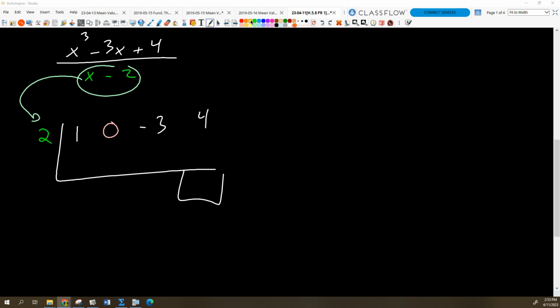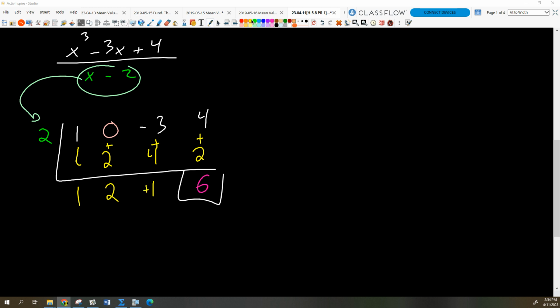We have to start the chain reaction by dropping this number down. Now 2 goes there. I multiply and add, and I get 2, plus negative 3 is 1. Okay, 2 times 1 is 2, so I get 6. So what's that telling me?